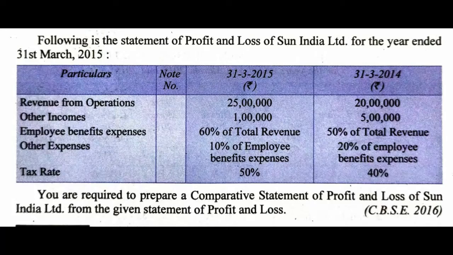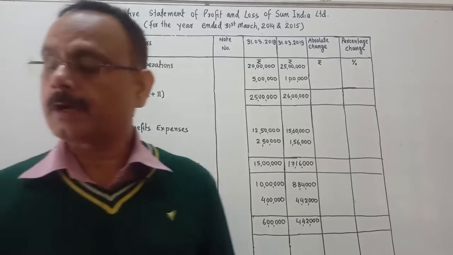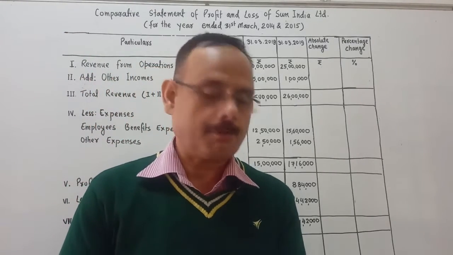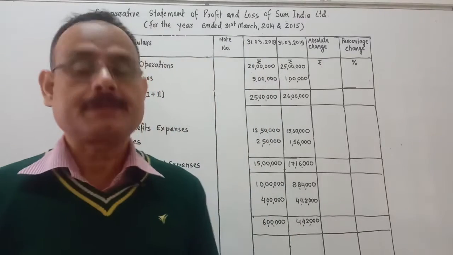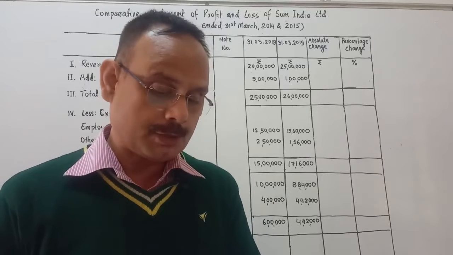So the question is: for the comparative statement of profit and loss, following is the statement of profit and loss of Sun India Limited for the year ended 31st March 2015.